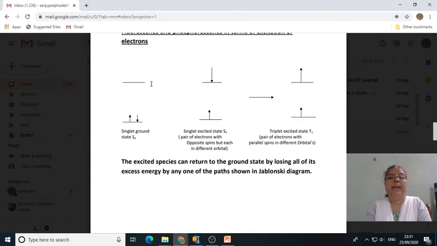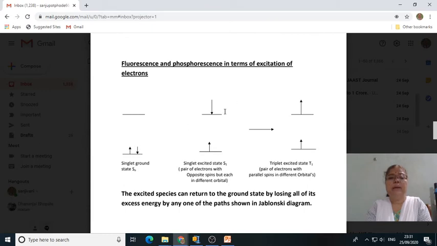Remember that in the ground state, the electrons are paired. That means one electron has an upward direction spin and the other electron has a downward direction spin. The upward spin is denoted by plus 1/2 and the downward spin by minus 1/2.